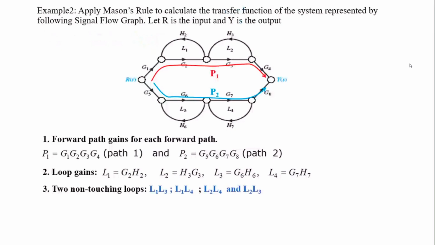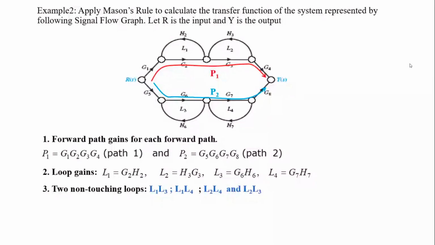So write the equation for delta. Delta equals 1 minus the sum of L1 plus L2 plus L3 plus L4, plus L1 L3 plus L1 L4 plus L2 L4 plus L2 L3.